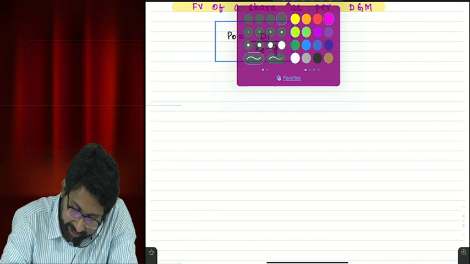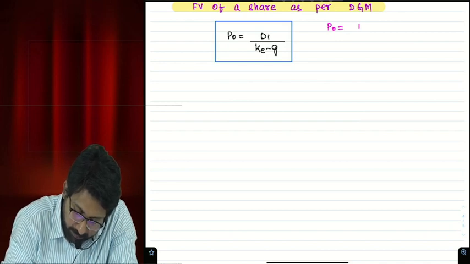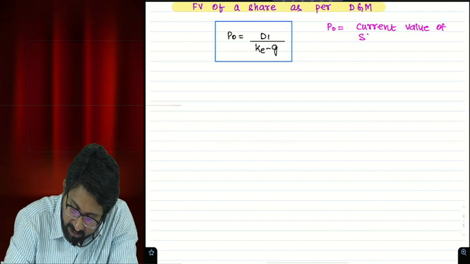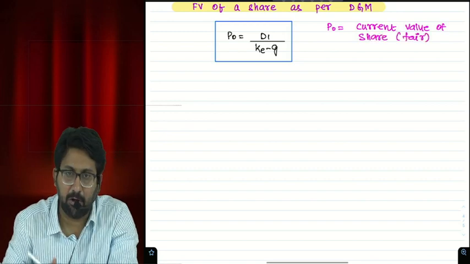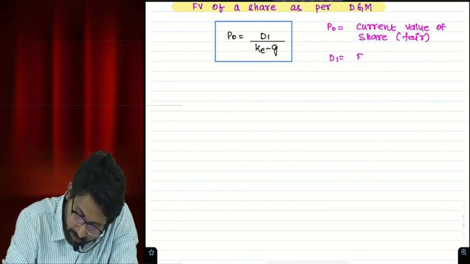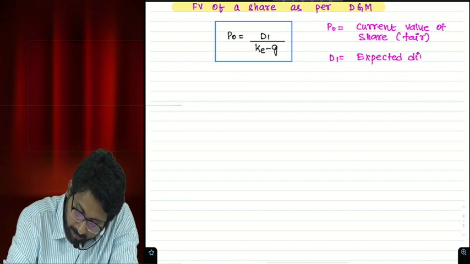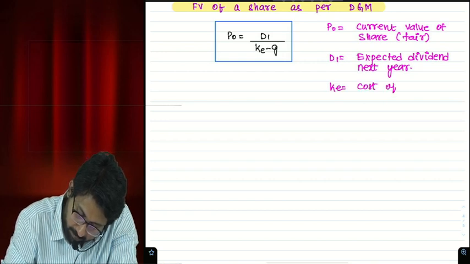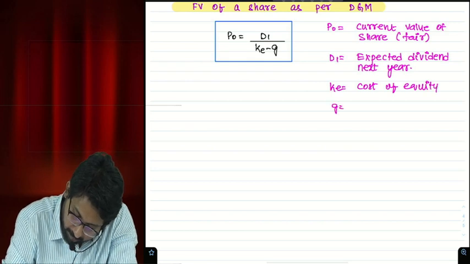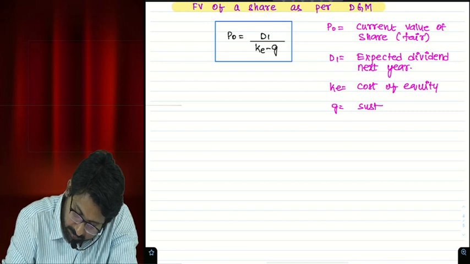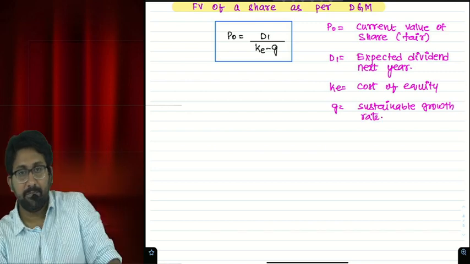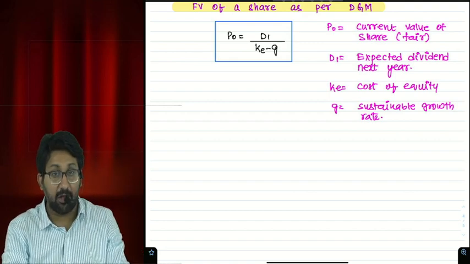Here the notation: P naught equal to current value of the share, also called the fair value.